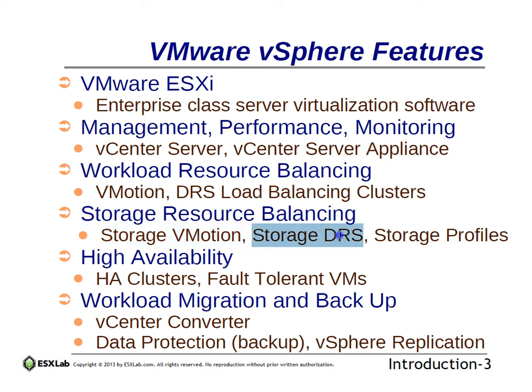Now, VMware then automated that capability through storage DRS. Just like regular DRS load balances CPU and memory automatically, storage DRS load balances storage capacity and IO bandwidth automatically once you make storage clusters. Storage clusters are a topic for a future class.